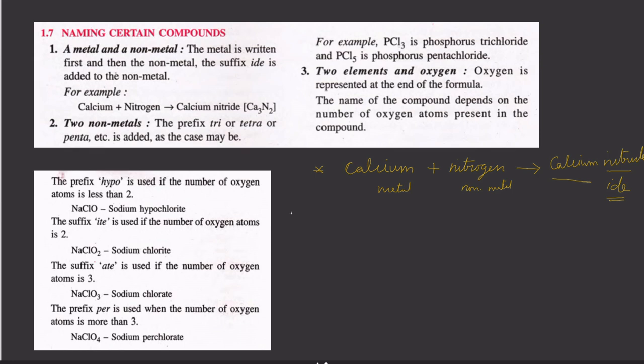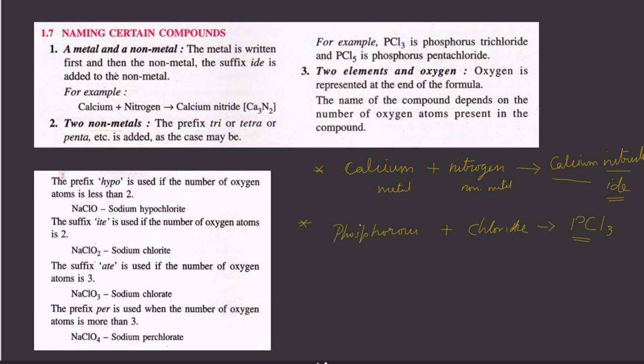If phosphorus reacts with chlorine, which is another non-metal, we get a compound called phosphorus trichloride, PCl3. We know the valency of phosphorus is 3 and the valency of chlorine is 1; interchanging, we get PCl3. Phosphorus trichloride, as 3 chlorine atoms are there.